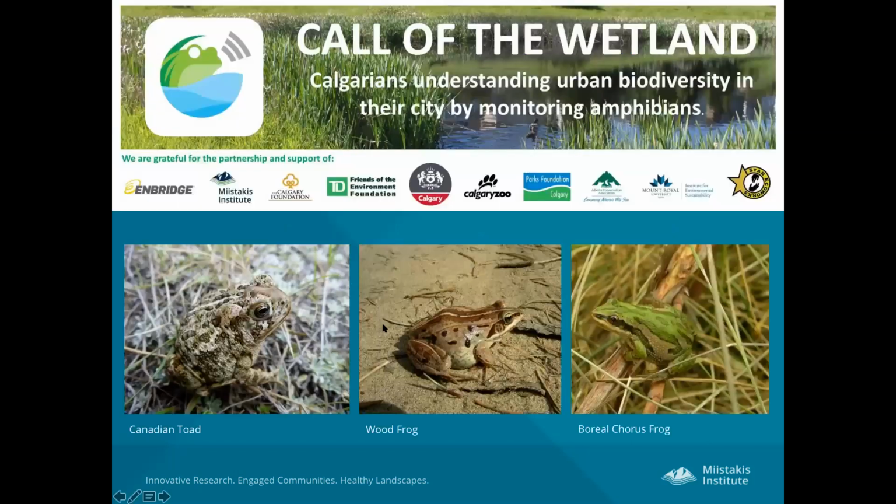And I can give an example of that. So with our Call of the Wetland program, one of the tensions we had is that we had decided not to share the results of where we were seeing certain species until the end of the 3-year data collection. Even though we knew our volunteers would have liked to have heard about that, we just felt that if we did, it might have biased our data collection, as volunteers may select wetlands to survey based on the probability of seeing a species of interest.